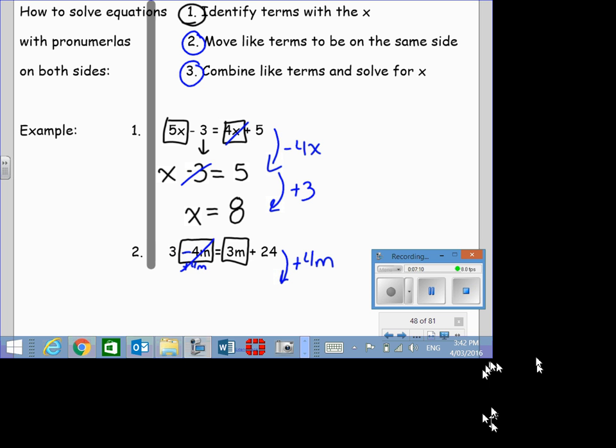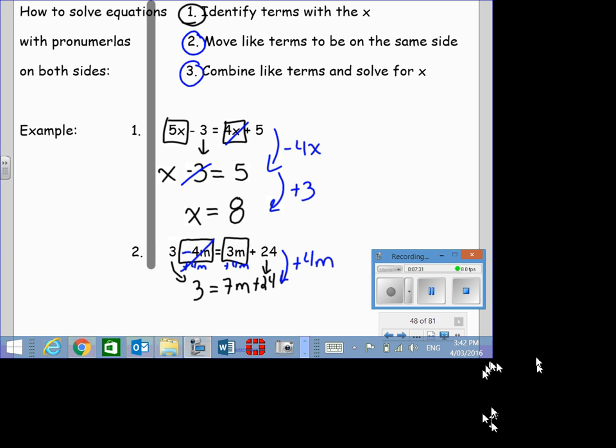That will make 0. And then if I add 4m to the 3m, I'll wind up with 7m. I'm going to bring down the 24, and I'm going to bring down the 3 that I had left over.